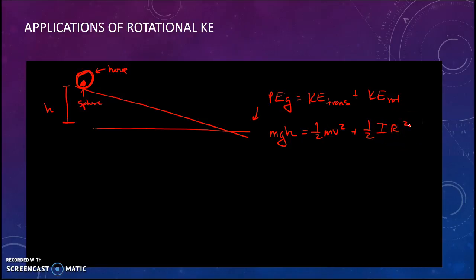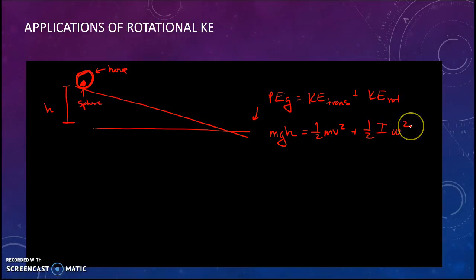And so this total potential energy we start with is going to be split up between the translational kinetic energy and the rotational kinetic energy.